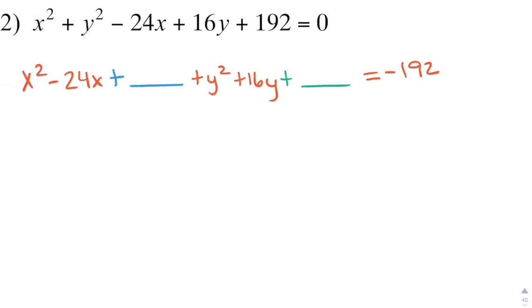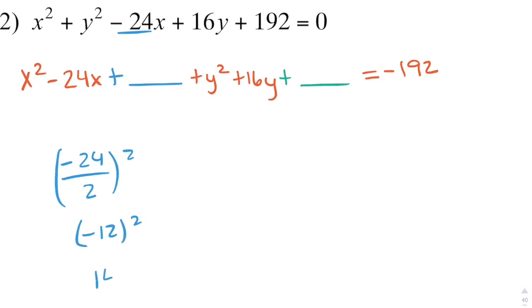Okay, so now I take my negative 24, so negative 24 over 2. I square it, I get negative 12. This is important. The negative 12 is the number you use when you're writing your equation, but 144 is the number that you add to both sides of the current equation. So we have 144 is what we add to both sides.